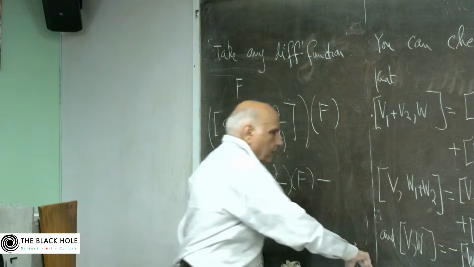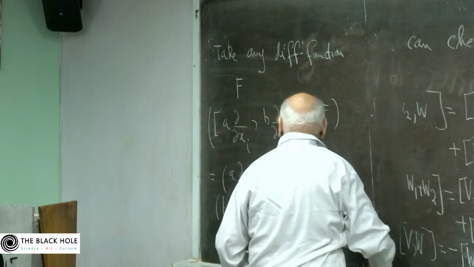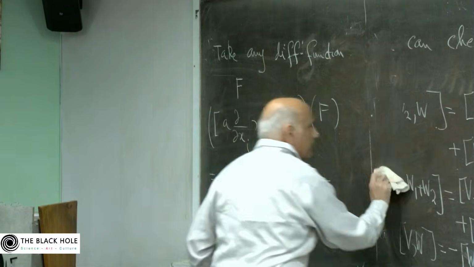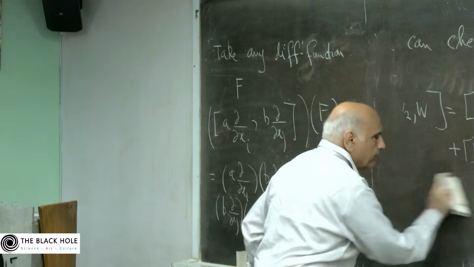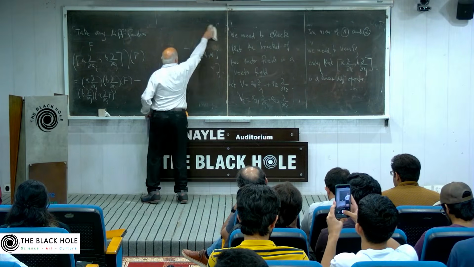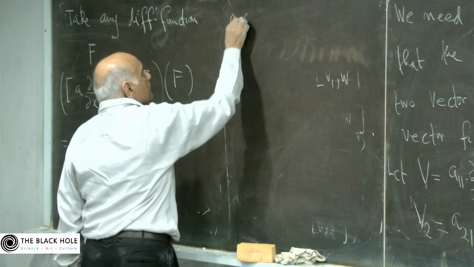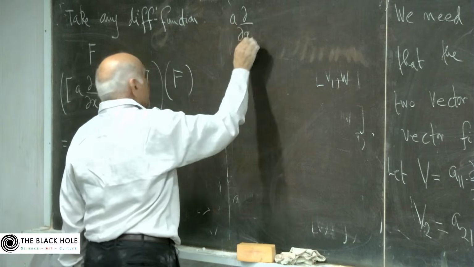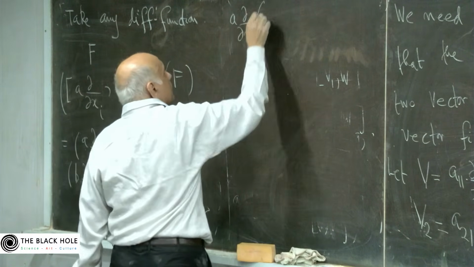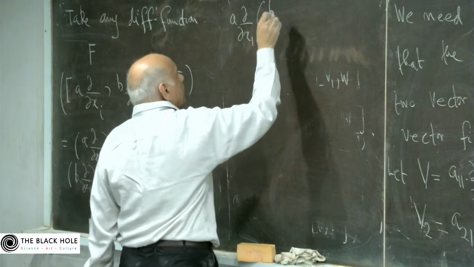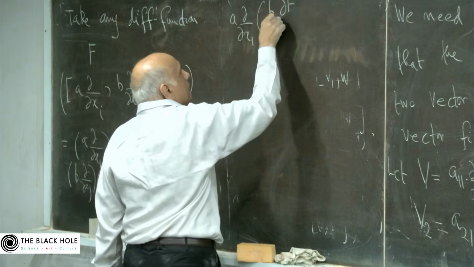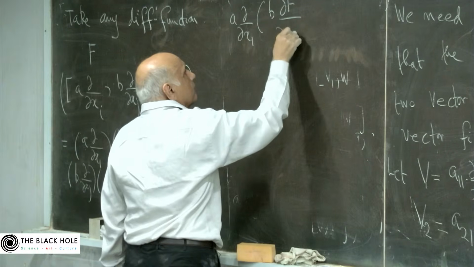Okay. So what's the first term? A partial by partial xi of B times partial f by partial xj. Use the product rule.